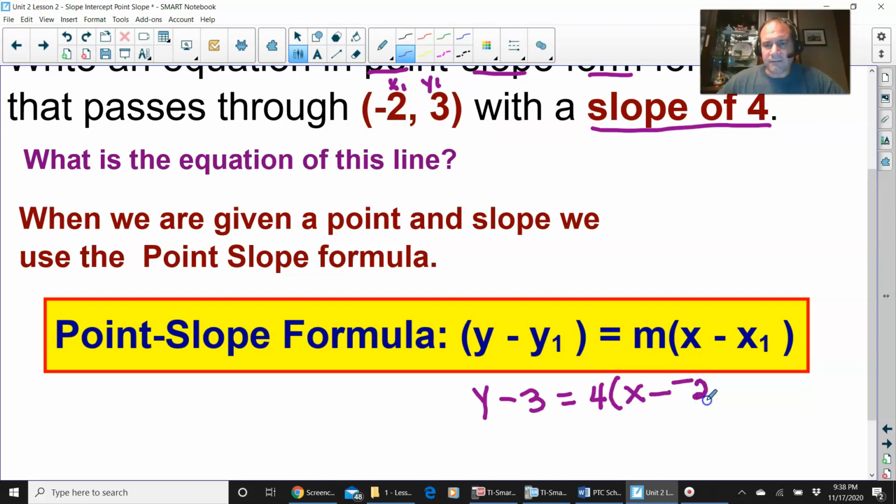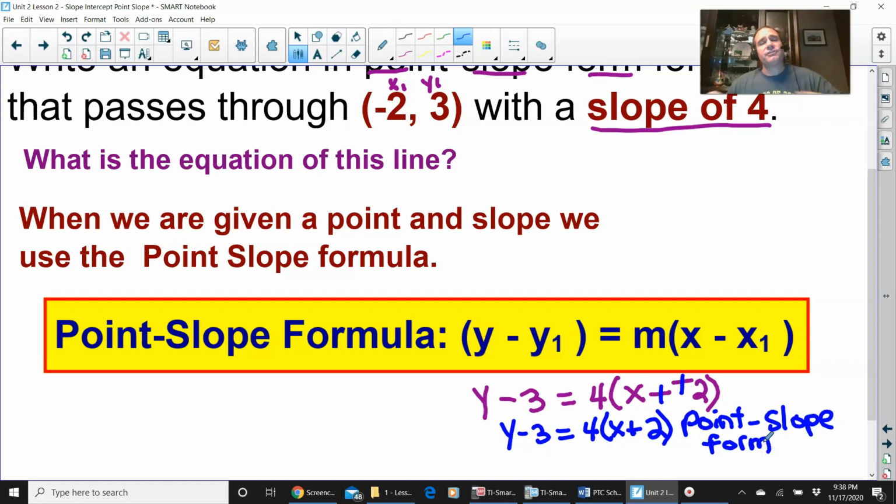See that double negative? Change it to a positive. Minus a negative is positive. So my final answer is y minus 3 equals 4 times x plus 2. You do not need to distribute it. This is called point slope form.